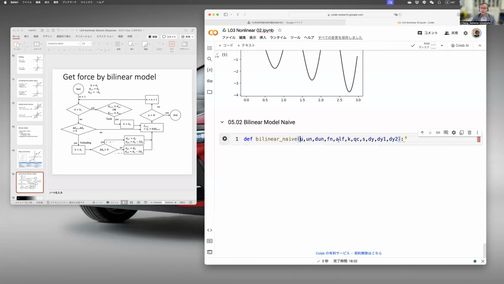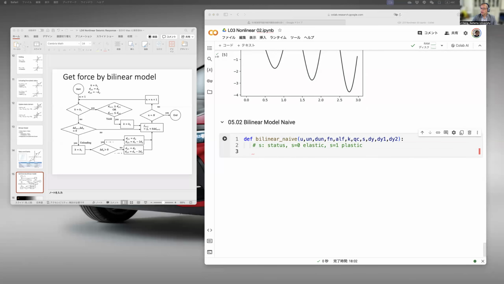And alpha, k, qc are parameters for the nonlinear model. And s, dy1 and dy2 are the status we have here. S means status. When s equals 0, it means elastic; 1 means plastic.